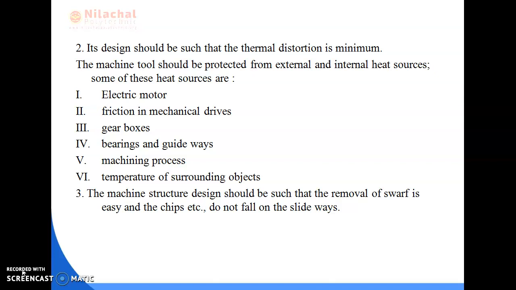Its design should be such that the thermal distortion is minimum. Means the heat generated due to the processing or machining can produce distortion in the machine structure, so that distortion should be as minimum as possible.